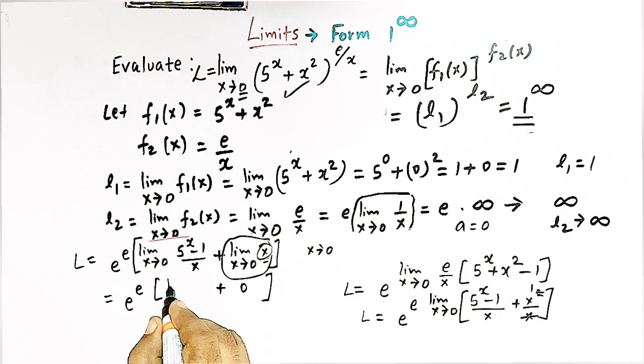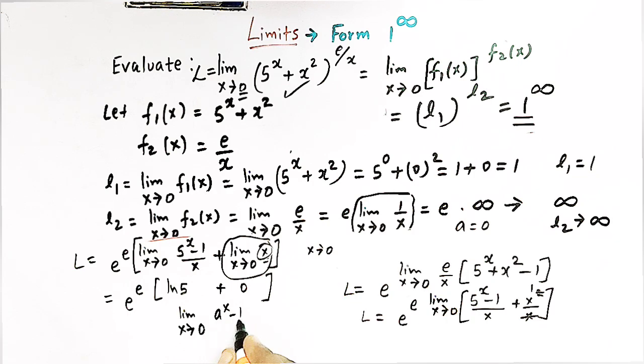equal to natural log of 5, because we know that limit x tends to 0 of (a raised to x minus 1) over x is equal to natural log of a, provided a is greater than 0.